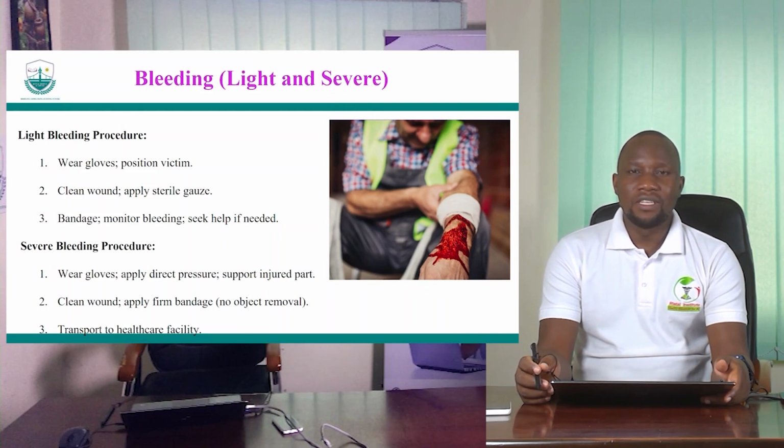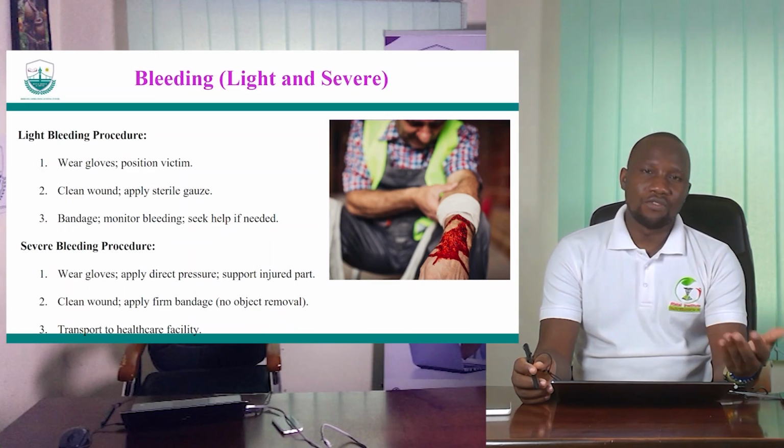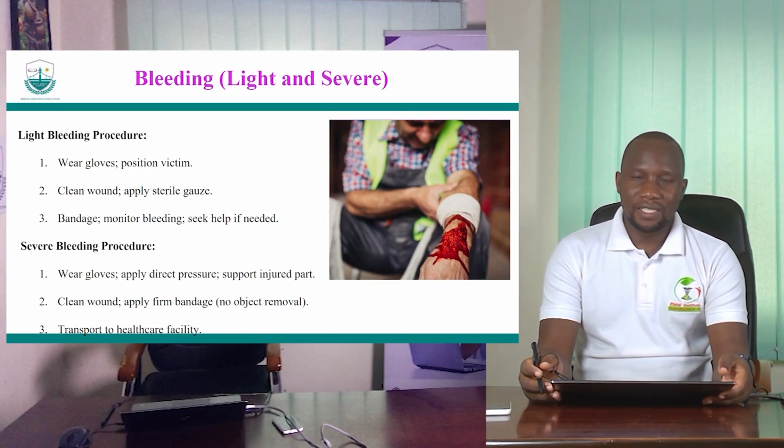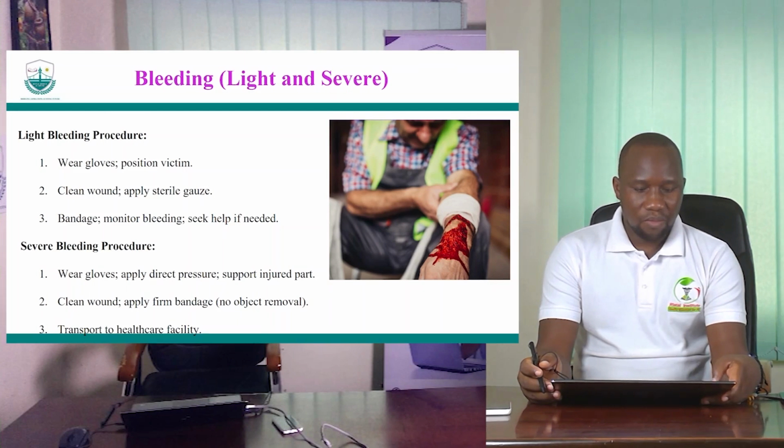This is to avoid spread of infections. You don't want to get an infection from the patient. So make sure that you are well protected. Put on what we call the PPEs, personal protective equipment. It's very, very important.